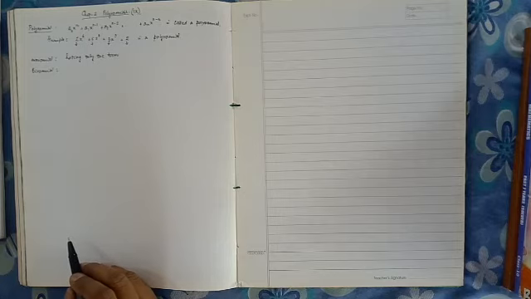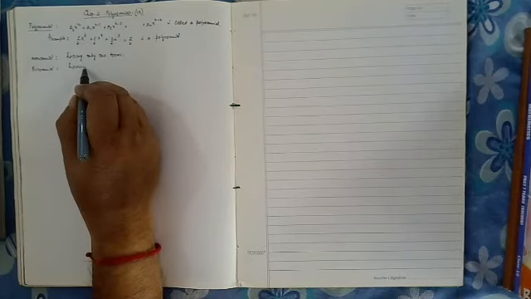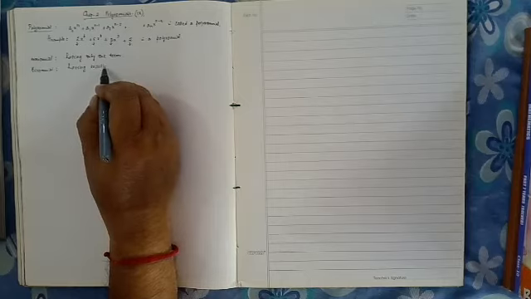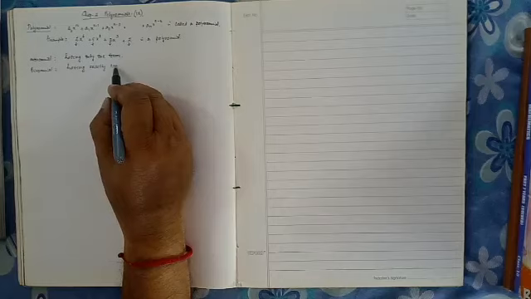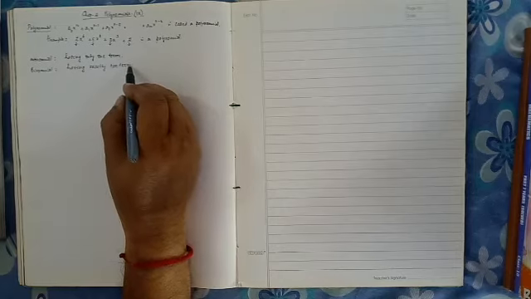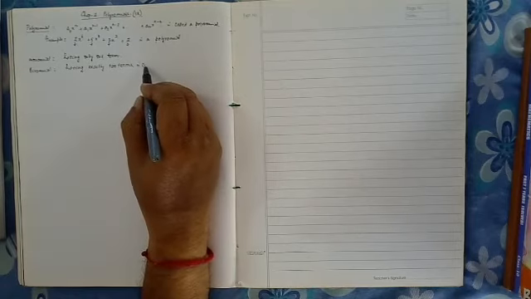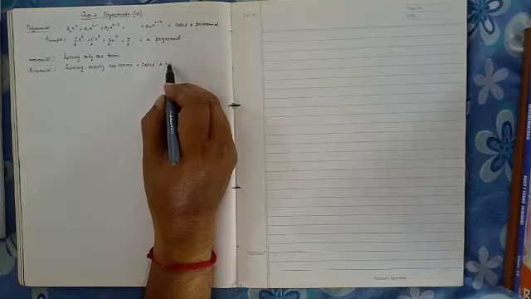So a polynomial having exactly two terms is called a binomial.